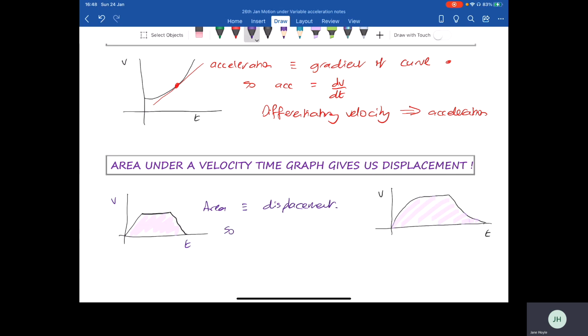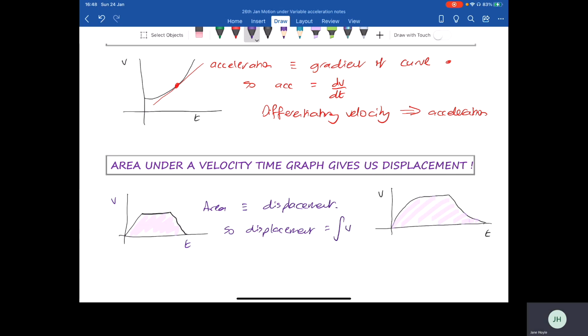The area, the displacement, is equal to the integral. And what you normally write, you normally integrate y with respect to x. Because we've got v in place of y, we would integrate v.